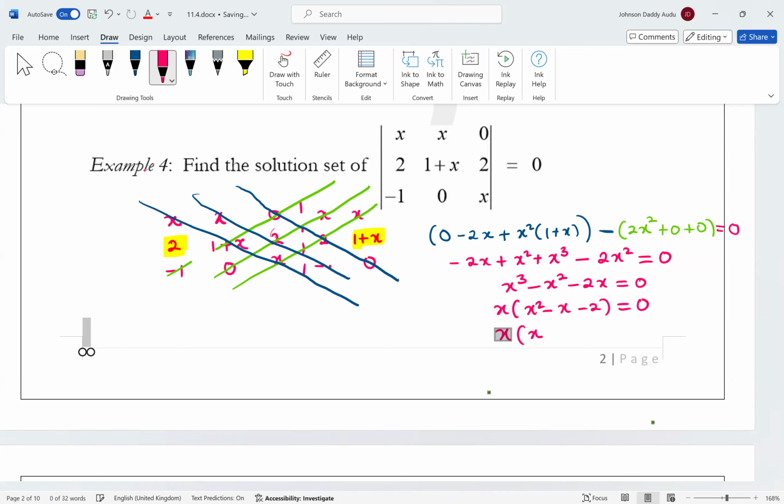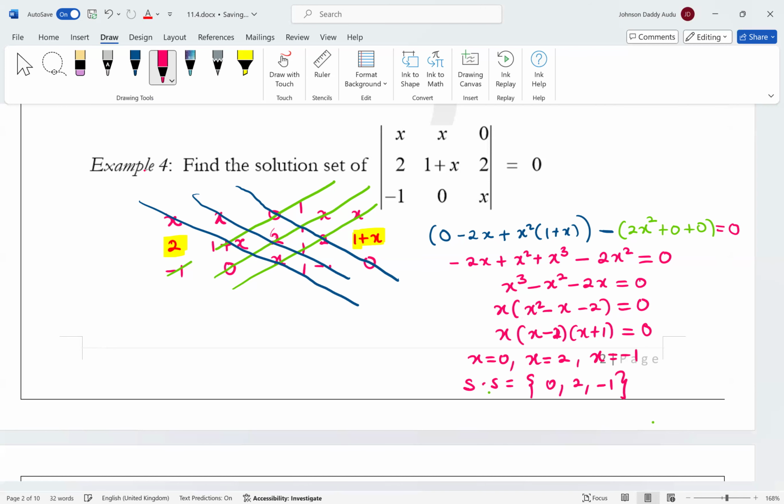So this is x, and this is minus 2, plus 1 equals 0. So we have x equals 0, x equals 2, or x equals minus 1. So that is the solution set. So the solution set is simply 0, 2, and minus 1.